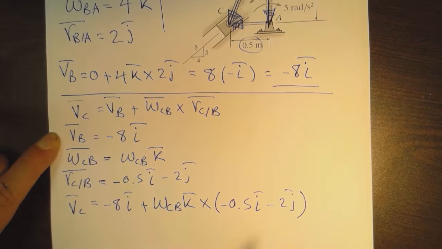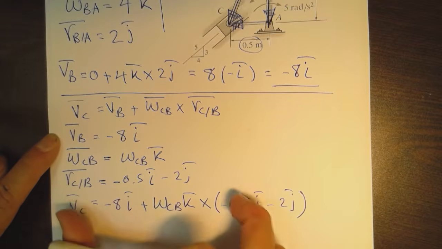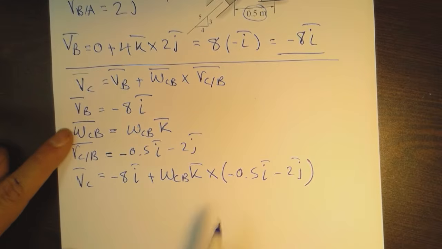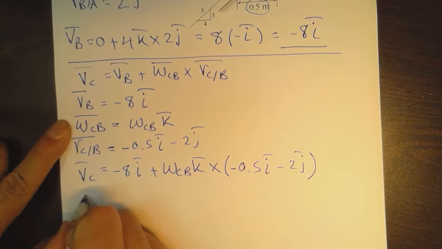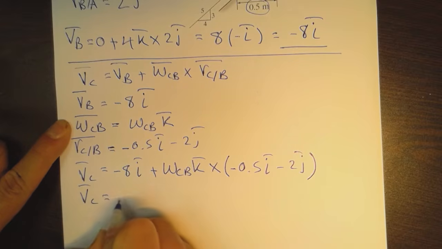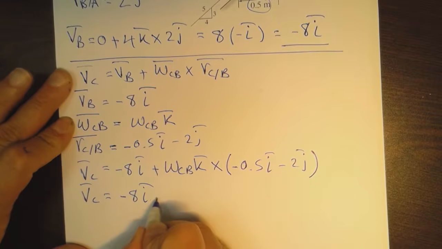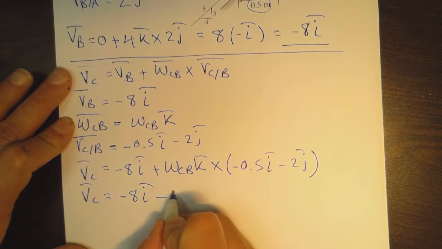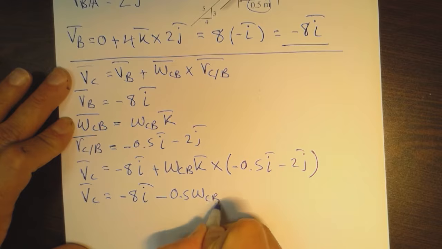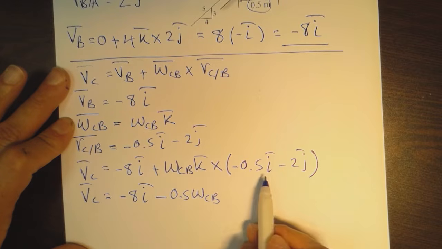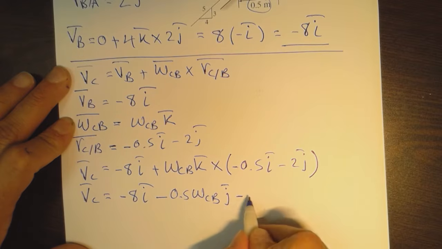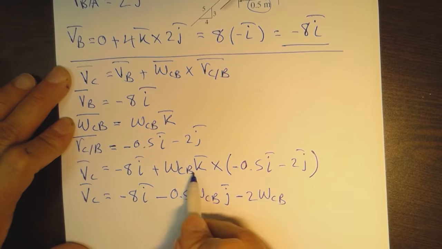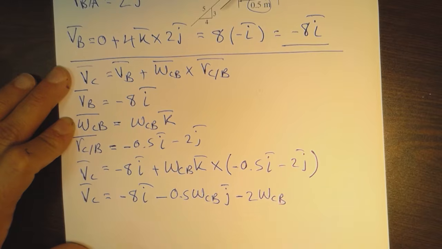This is the equation that we are now dealing with, and we are going to multiply these out. We refine this to be equal to minus 8i minus 0.5 times omega CB, which equals 0.5 omega CB, and we already know k times i is j, and omega CB times minus 2 is minus 2 omega CB. k times j is minus i, minus times minus is positive, so it's going to be positive i.